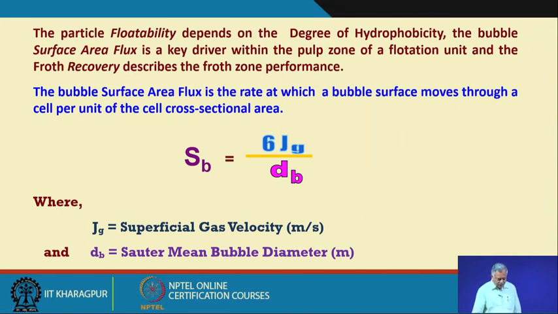Now, there is again a proposed correlation, that is S B is equal to 6 J G by d B, where J G is the superficial gas velocity in meter per second, and d B is the Sauter mean bubble diameter. That is, what are the mean sizes? Sauter mean size is again another way of representing the particle size, if you consider a bubble a particle.